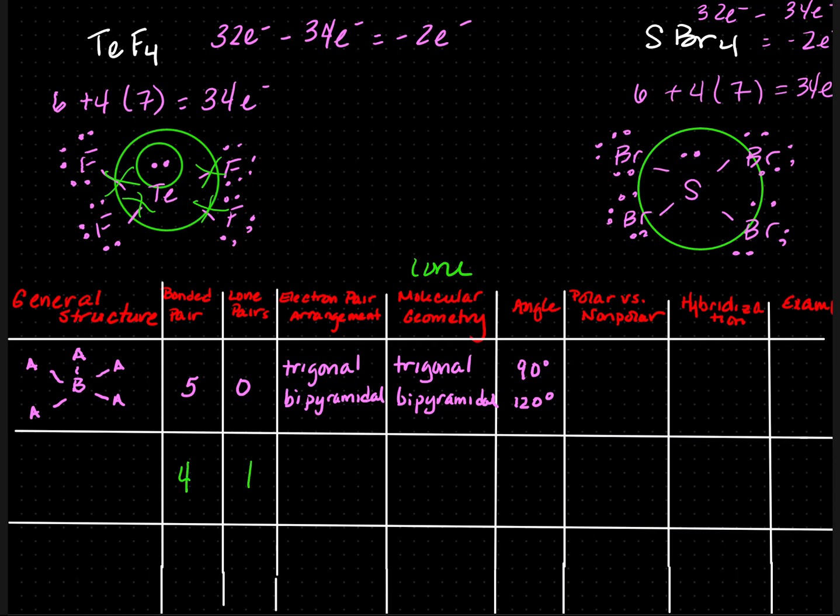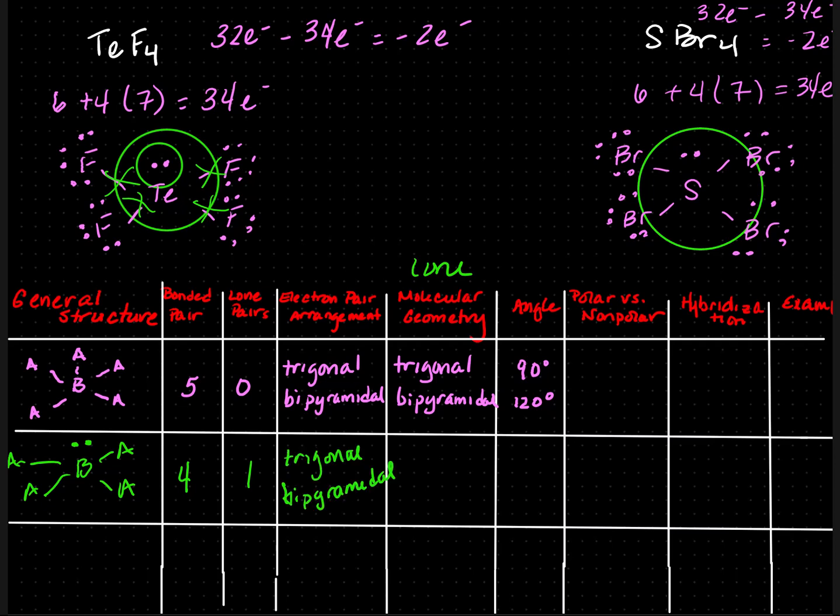The general structure: the central atom is B, we have a lone pair on top, and then we have 4 elements on the outside. They could be the same element or different elements. Since electron pair arrangement accounts for lone pairs, 4 plus 1 is 5.